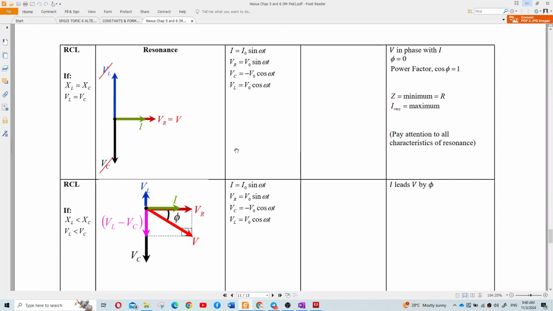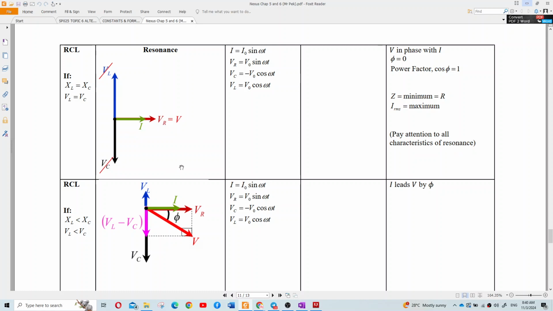Z is minimum, which is equal to R only. And current is maximum, because when total resistance is minimum, current is maximum. I will explain this later, don't worry. So these are all characteristics of resonant.